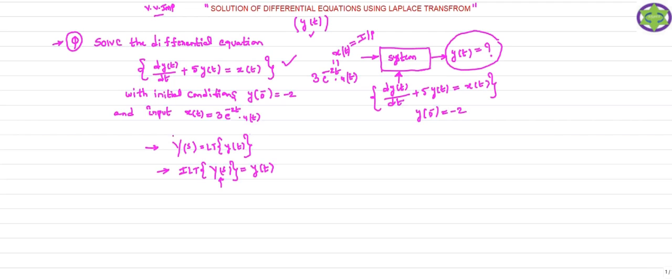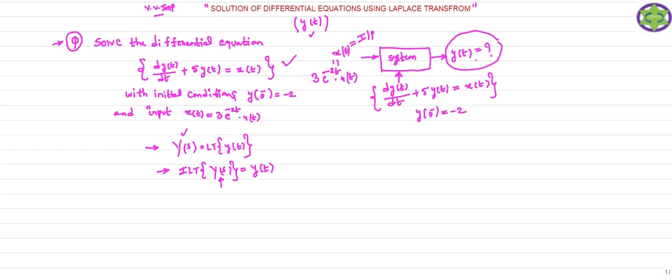So the first thing is to find y of s using the differential equation and using the input.